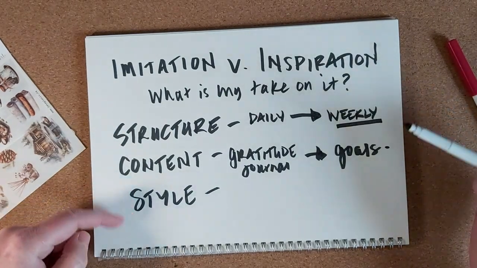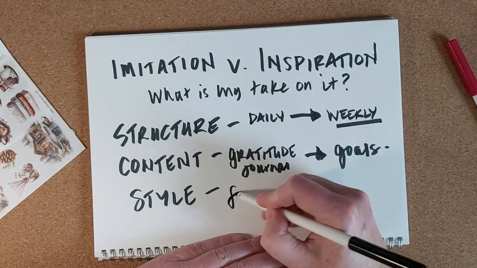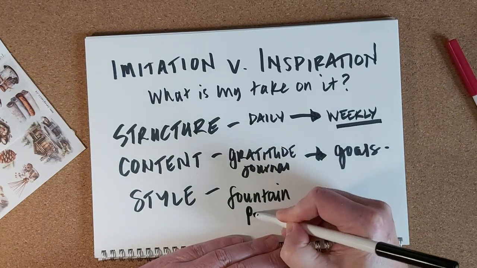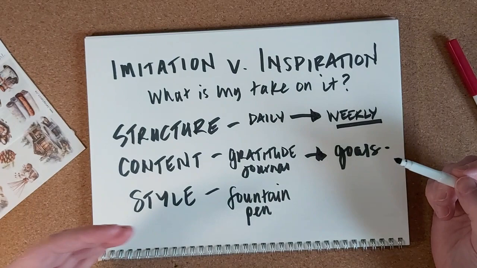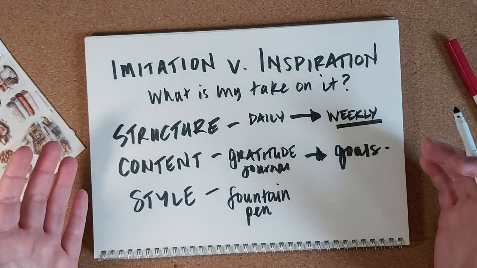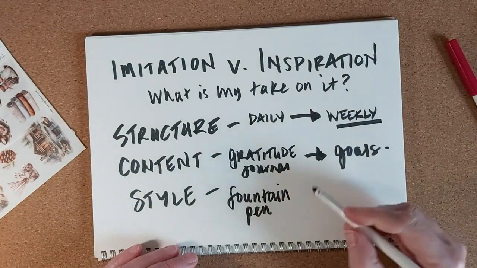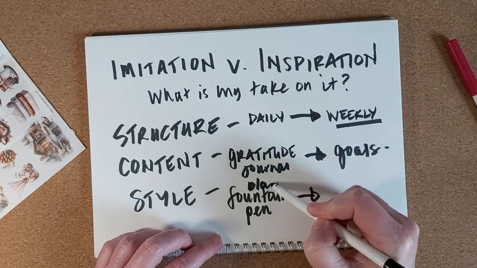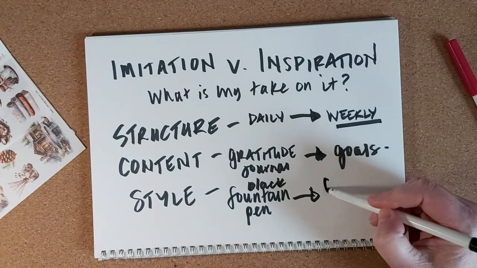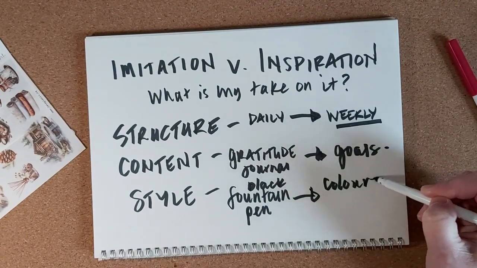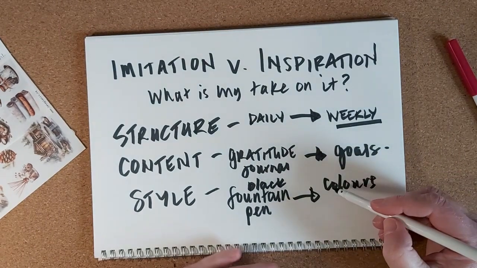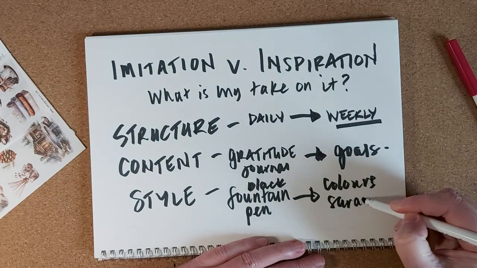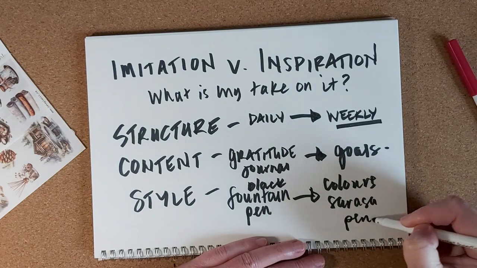And finally, this is style. So in this case, somebody maybe uses a fountain pen, and you love everything about their content, but you want to change it up a bit. So it's a black fountain pen, let's say, and you're going to use colors. Perhaps you're going to use Sarasa pens.